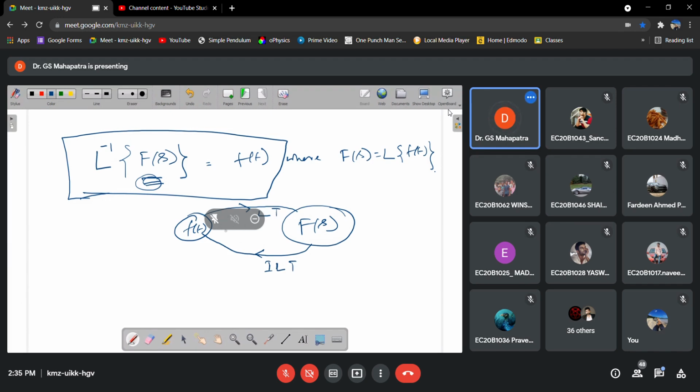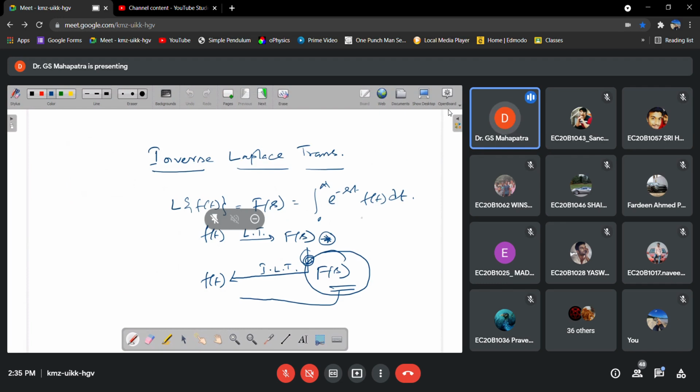Now, we have considered f of t for t greater than or equal to 0. You can remember that. We can't take the Laplace transform over the negative side, so that's why the integration is from 0 to infinity. Clear?